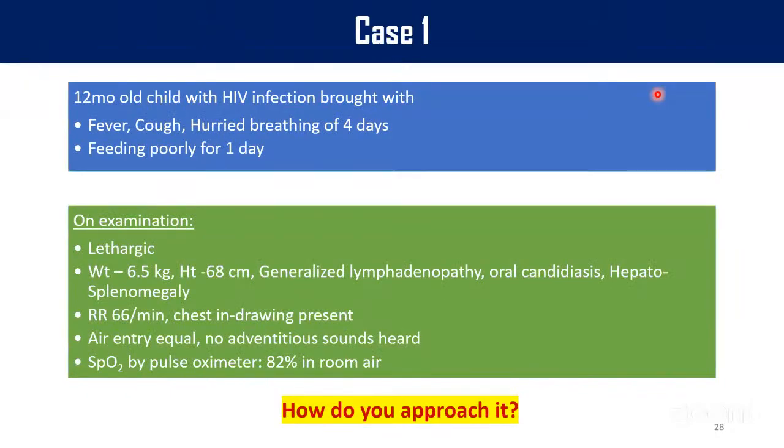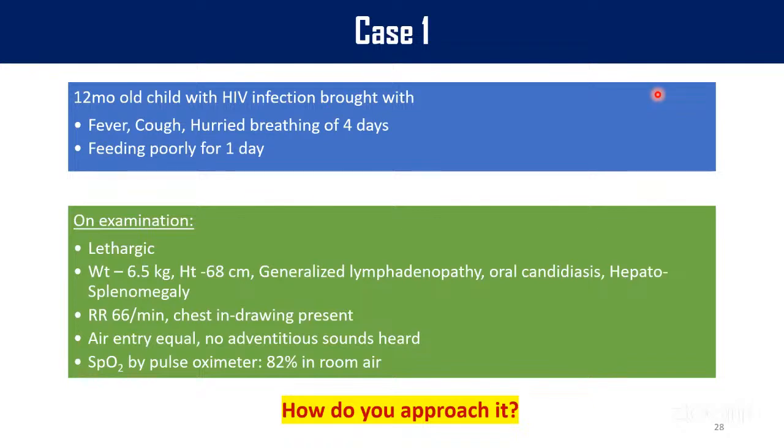So here we have a 12-month-old child with HIV infection, brought with fever, cough, hurried breathing of 4 days duration, and feeding poorly for 1 day. On examination, the child is lethargic, weight is 6.5 kg, height is 68 centimeters.